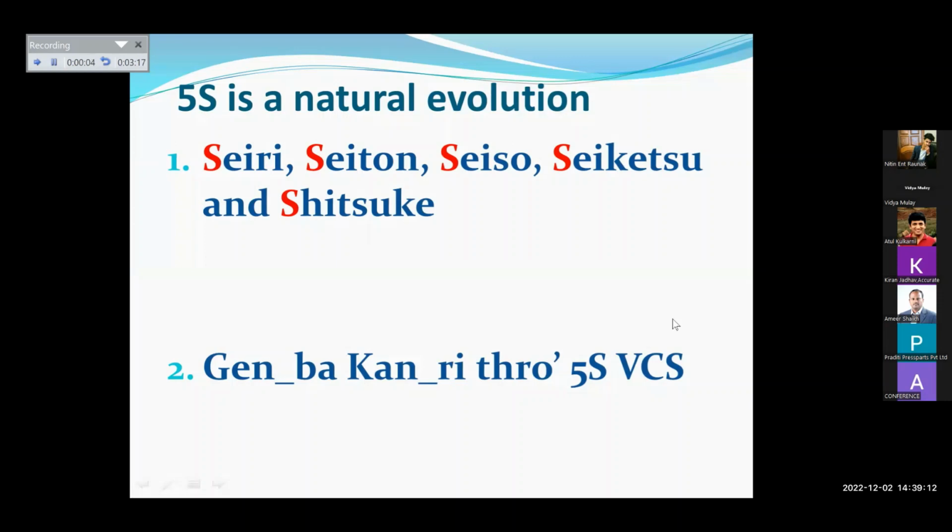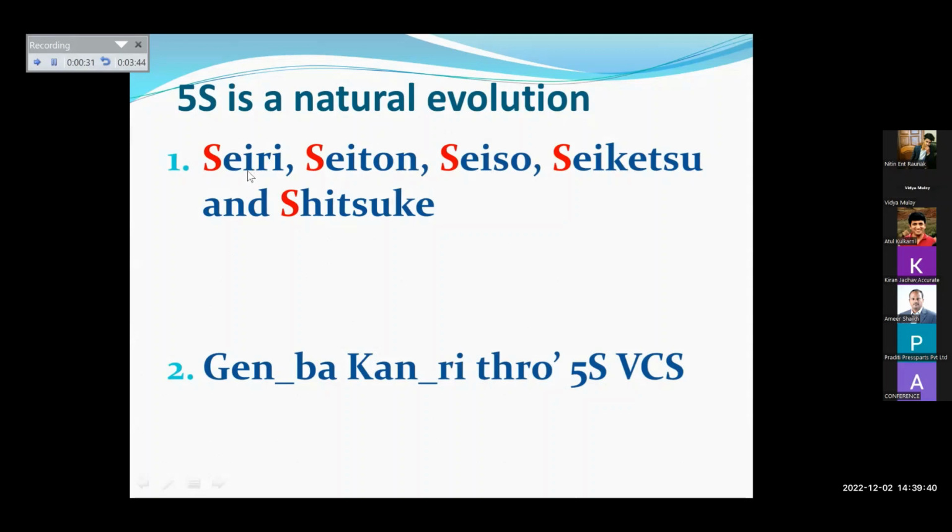So you must see 5S as a natural evolution. There is nothing Greek about it, in the sense that these Japanese words, Seiri, Seiton, Seiso, Seiketsu, and Shitsuke, what they mean, Omkar is going to explain to you, and on day one also we had given you that.